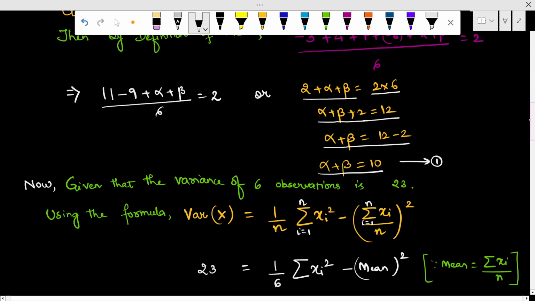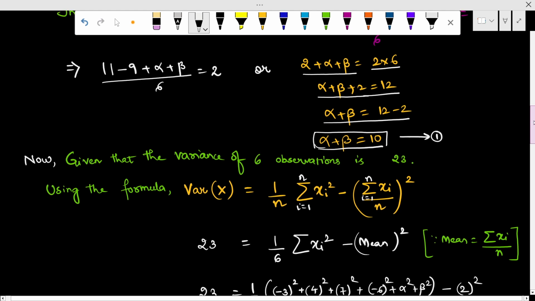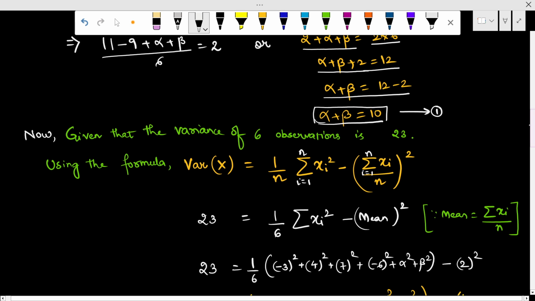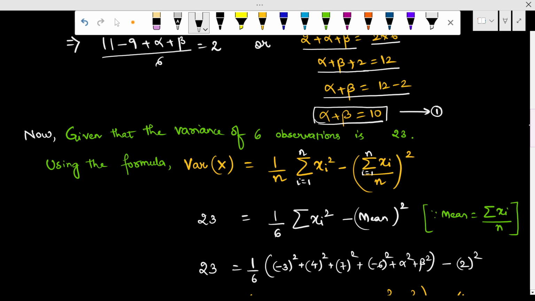Next, name this as first equation. Next, given that the variance of 6 observations is 23, we have just seen the formula of variance. So variance of x is equal to 1 by n sigma xi square minus (sigma xi by n) whole square.